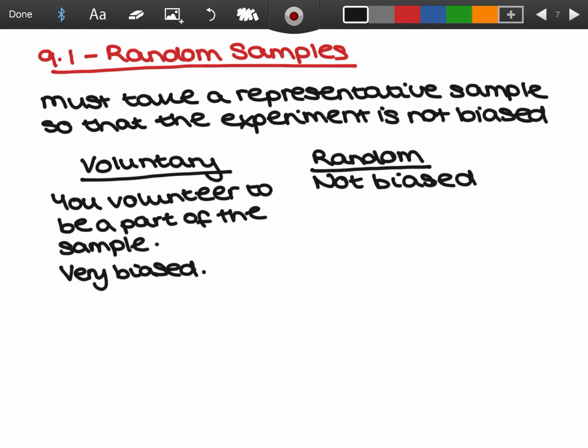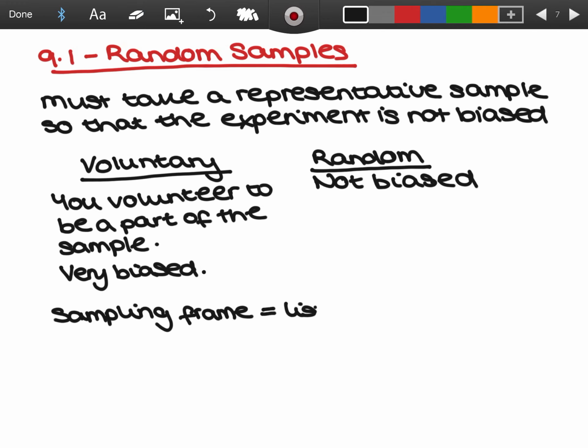Another term just to be aware of is something called a sampling frame, just in case you come across the term. A sampling frame is just a list of all members of the population. I think we talked about this very early on, but just be aware of this term for this chapter.